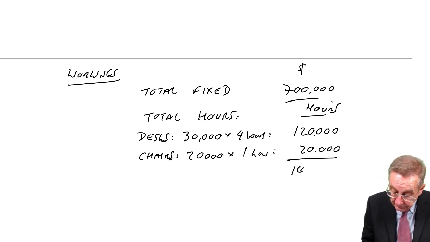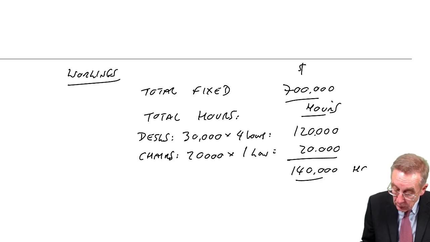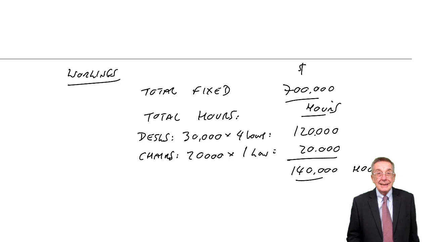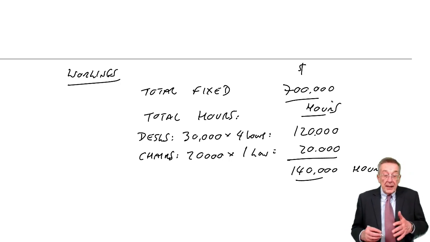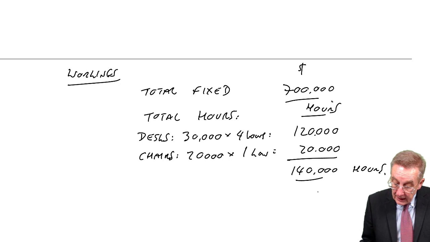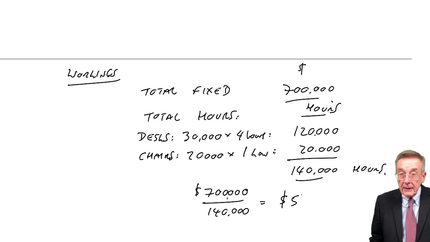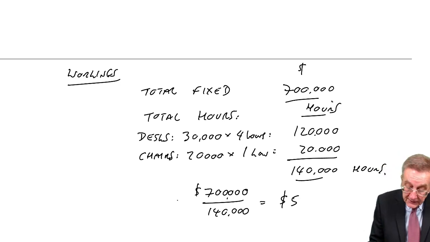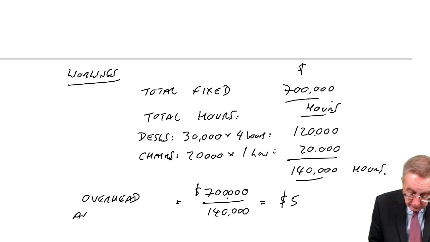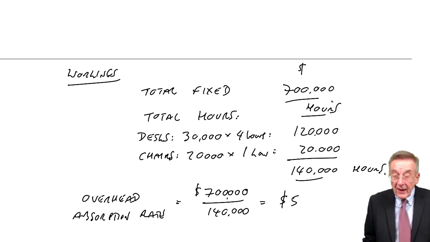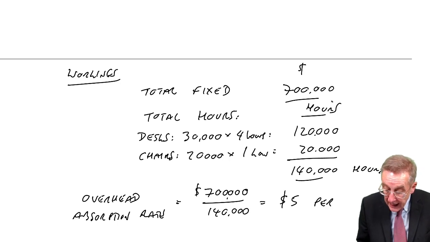So in total, we think we'll be working 140,000 hours. And so how much is it costing per hour? The cost per hour, $700,000 over 140,000 hours is what? $5. And there is our overhead absorption rate. It's $5 per labour hour.